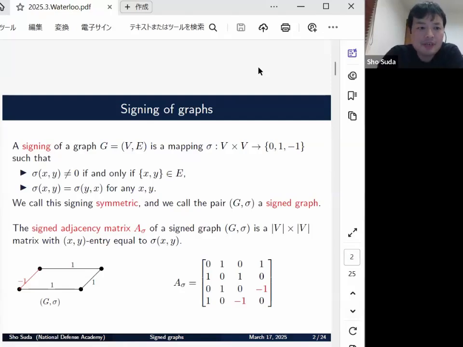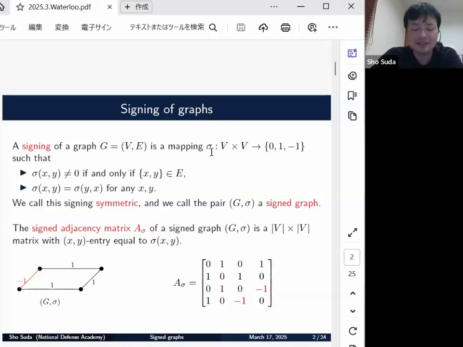A signing of a graph is just a mapping sigma from the Cartesian product V times V to the set consisting of the three elements 0, 1, or -1, satisfying the following two properties: sigma of x, y is not equal to 0 if and only if the two vertices x and y are adjacent in our graph G, and sigma xy is equal to sigma yx for any two vertices x and y.